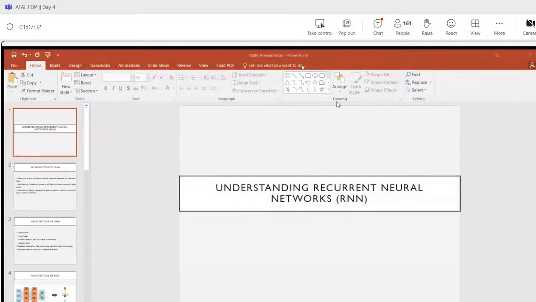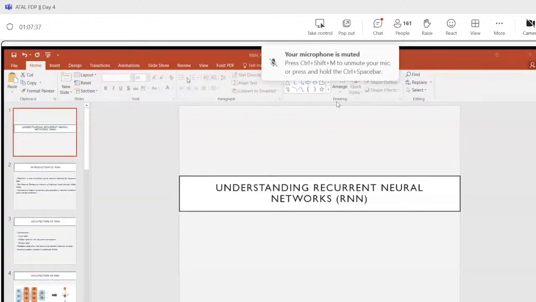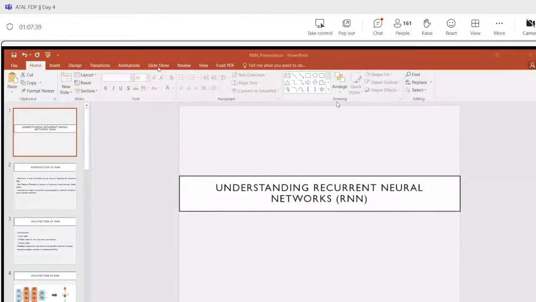Fine. So going for recurrent neural networks. You people might be knowing the basics. Before going for recurrent neural network, what is a neural network?